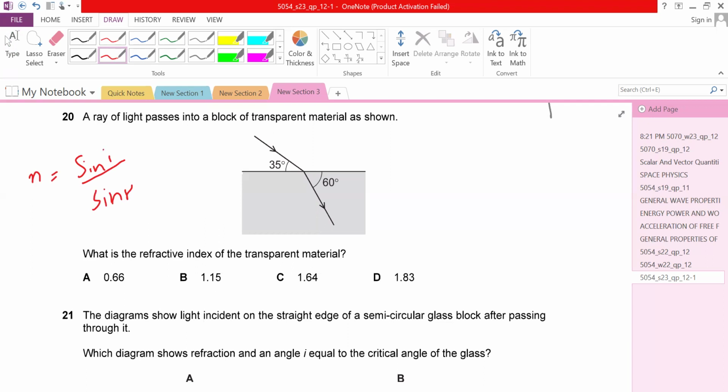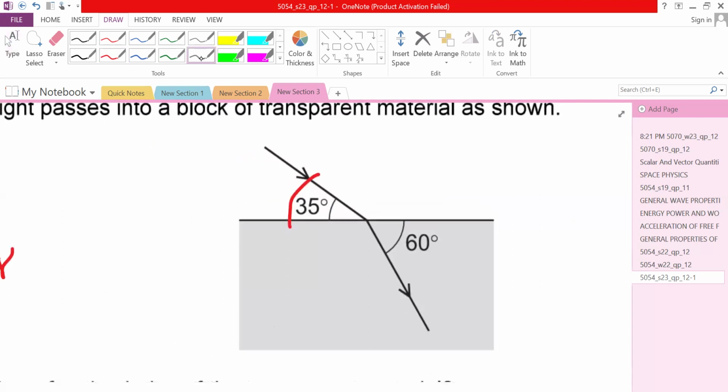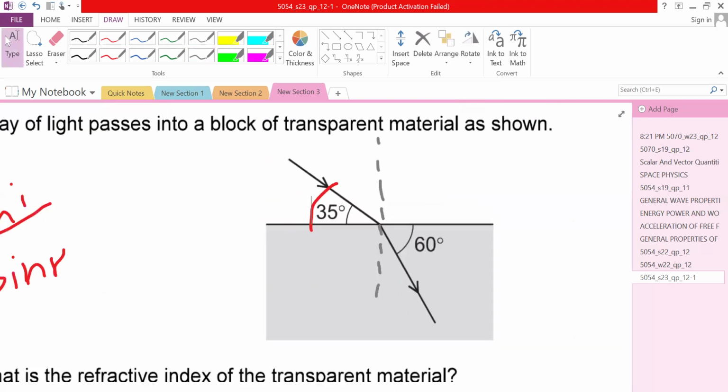Many students would think that i is this 35. No, it isn't. Firstly, we will draw a normal here to find the angle of incidence. So this is a normal, 90 degrees to the surface.